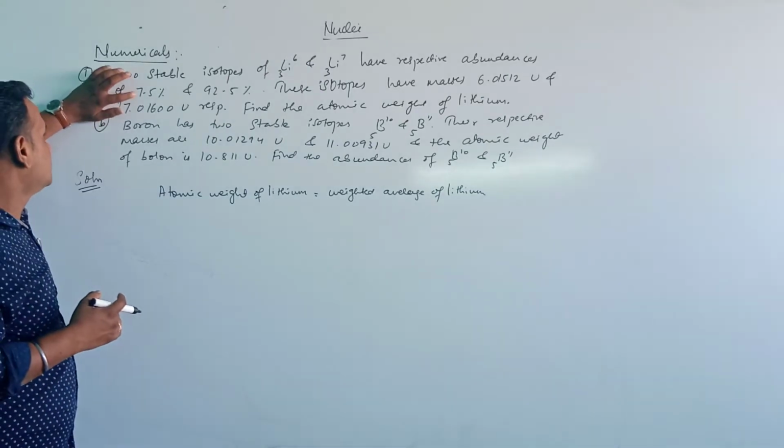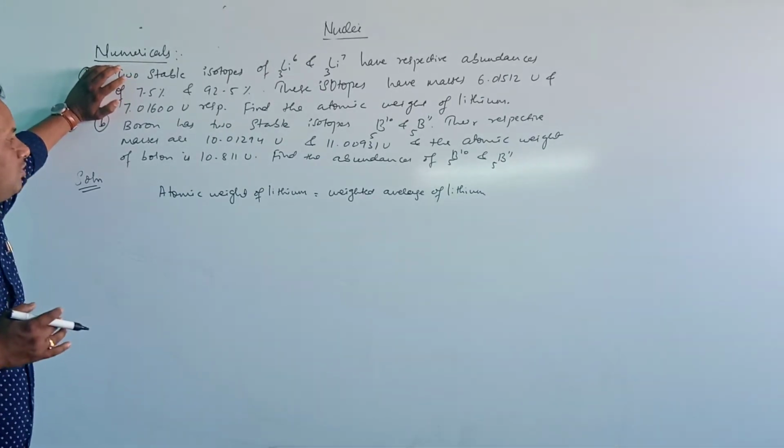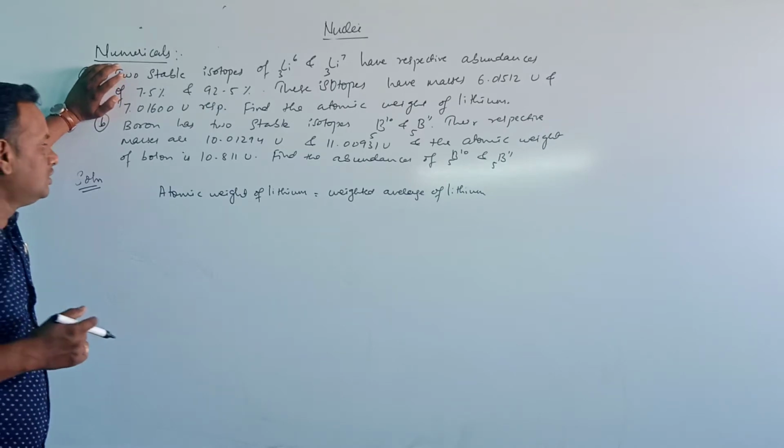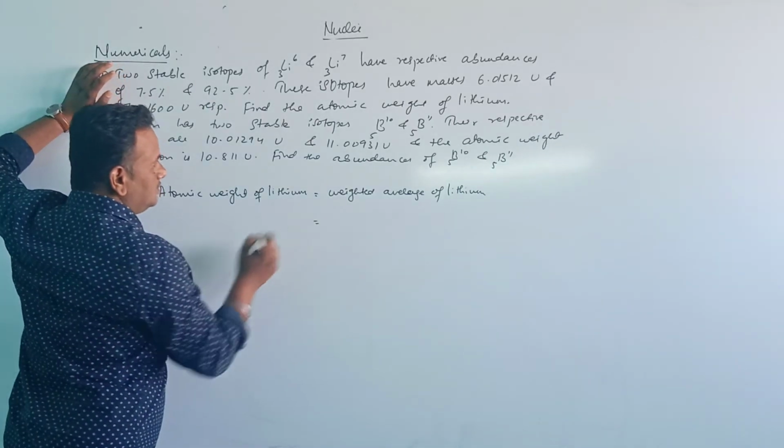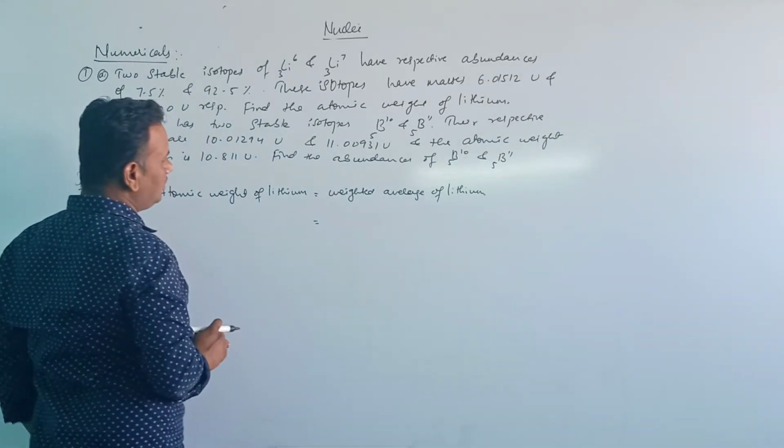He has given the masses and also the abundances of both the isotopes: one is 7.5% and the other is 92.5%. Now we will find the atomic weight of lithium.